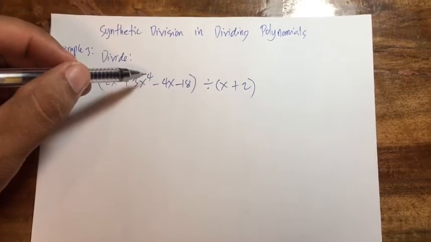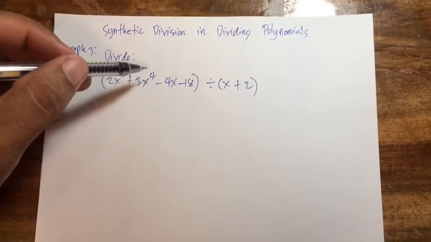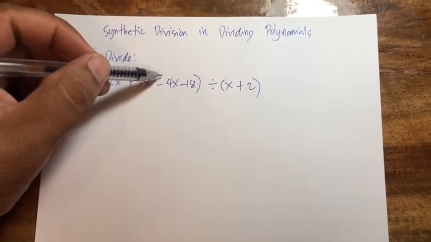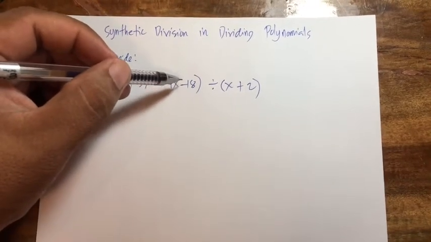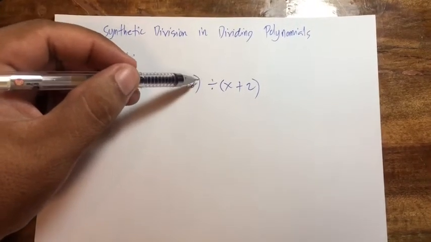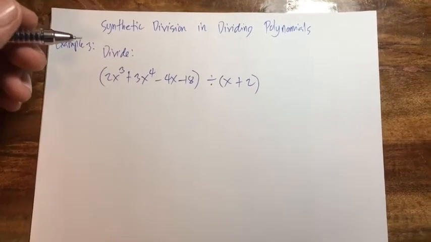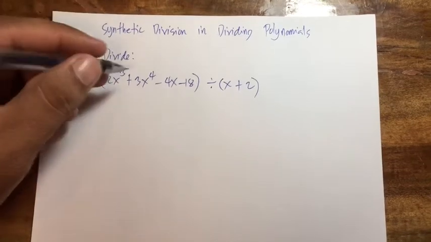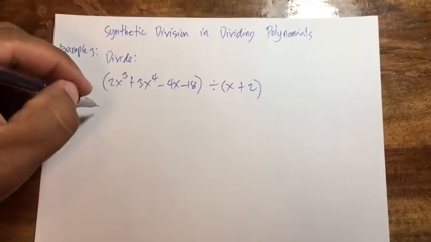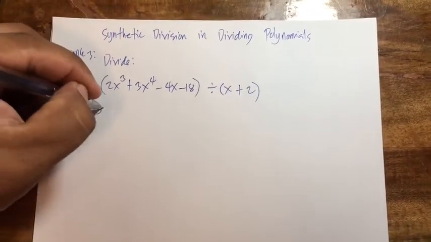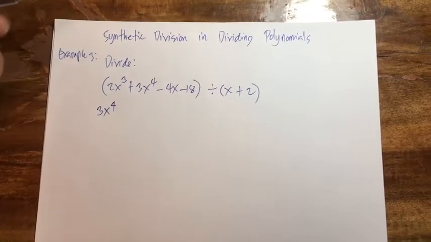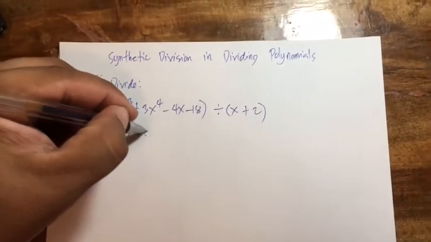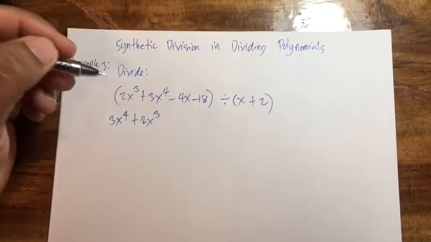We have here the exponents 4, 3, we miss 2, then 1, then x to the power of 0. So first, we will write 3x to the 4th power, then plus 2x cubed.